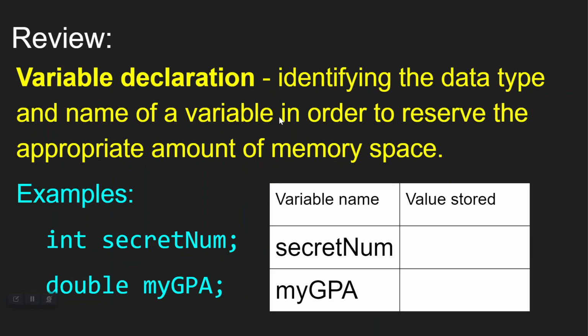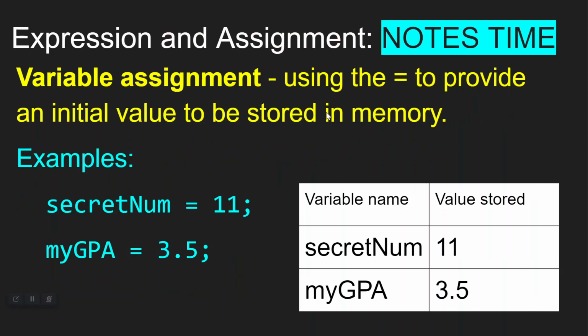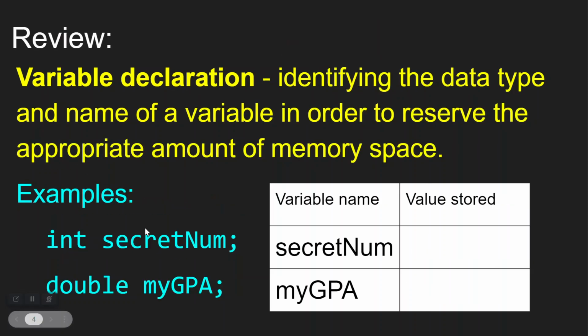And we learned also about variable declaration, which basically means we are identifying the data type and the name of a variable in order to reserve the appropriate amount of memory space. So if I say int secretNum, again, what we're doing is we are reserving some Java memory. Maybe it's way over here. And secretNum is the variable name that points to that area in memory.